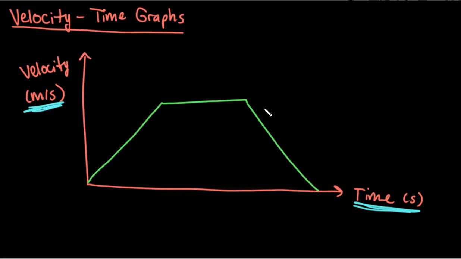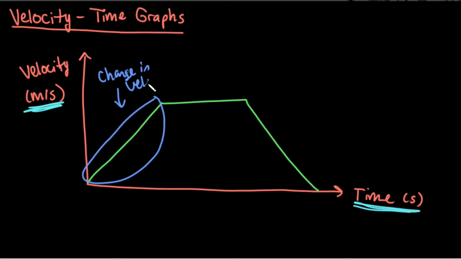Now, when we read a velocity time graph, we can read three different types of situations, I should say. So the first one here, we have this section up here, which is increasing up. So this means that we have a change in velocity. And this change, because it's increasing, is positive.